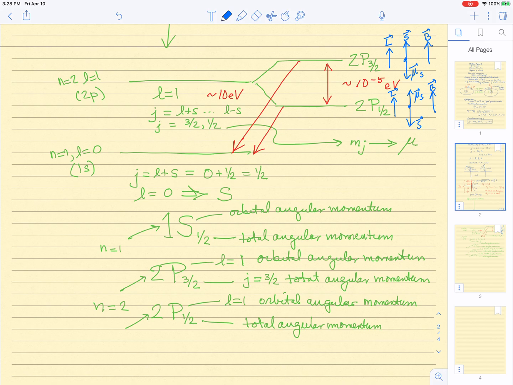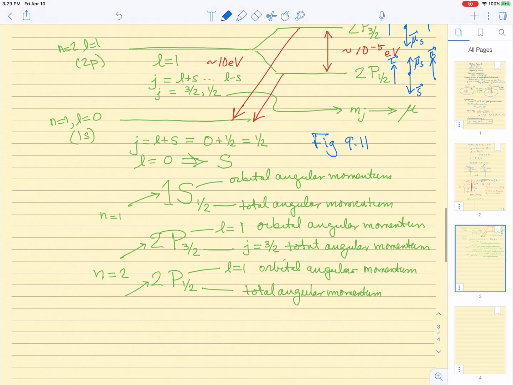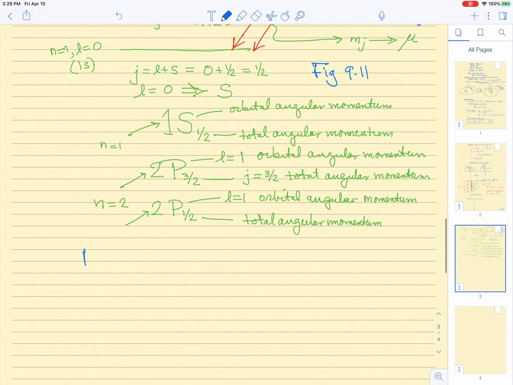Again, this comes from figure 9.11 in your text. You should be concentrating on figure 9.10 and figure 9.11. Study hard, because there's a lot of stuff going on there.